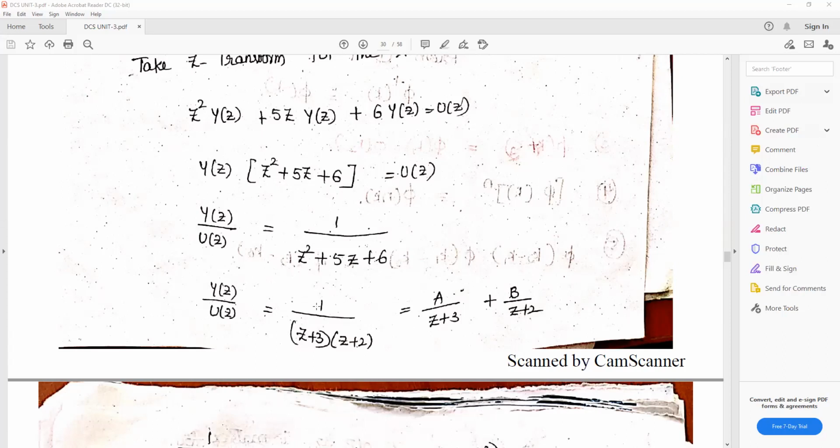Apply the partial fractions. This is in the partial fractions form: a by z plus 3 plus b by z plus 2.